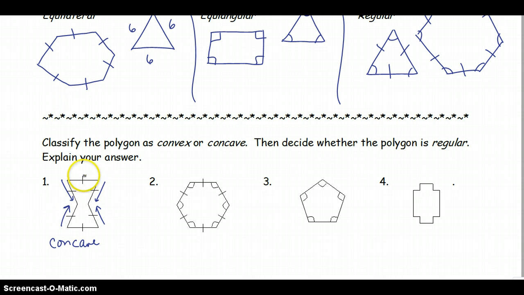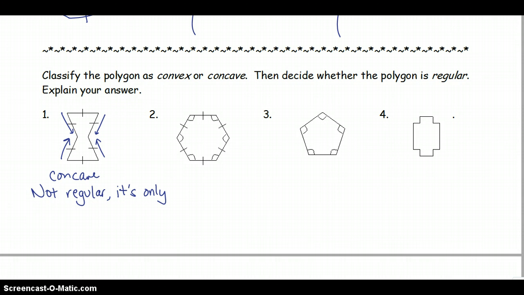And we have all the sides equal, but there are no markings in the angles, so it's not regular. It'd be equilateral, but not regular. So you'd say not regular, it's only equilateral.